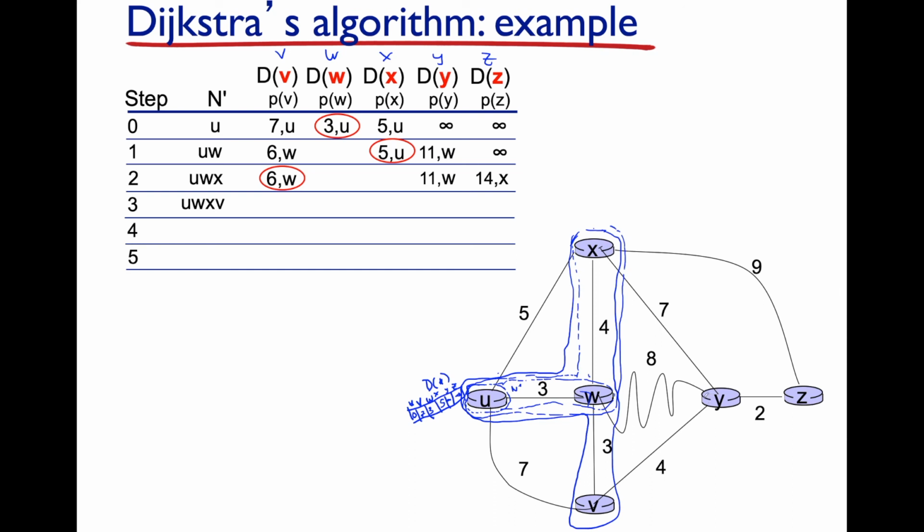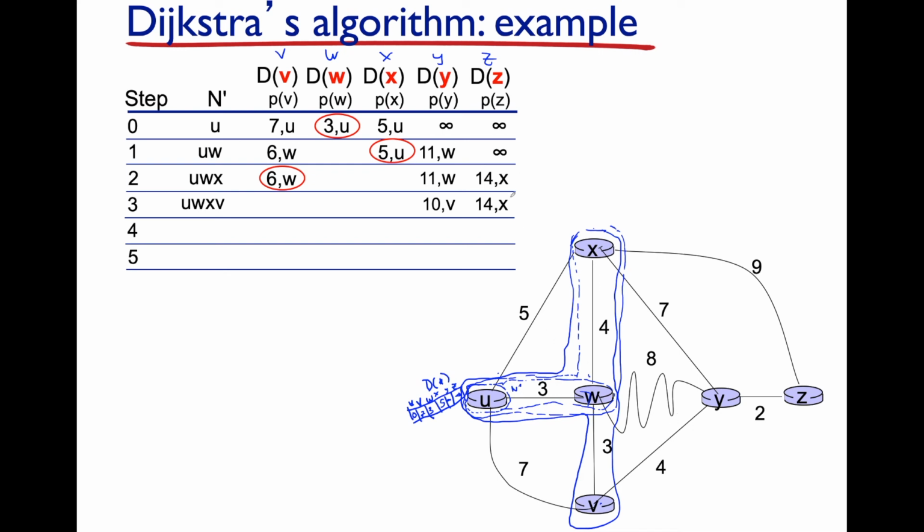So it is actually cheaper, instead of going from u to y at a total cost of 11, it's cheaper to go indirectly to v at a cost of 6, plus that additional link between v and y for another 4 to make a cost of 10. And so if we look, 10 is cheaper than 11, so we're going to go to y from u indirectly through v. Okay, so the predecessor for y now changes to be v, and the path cost is 10.